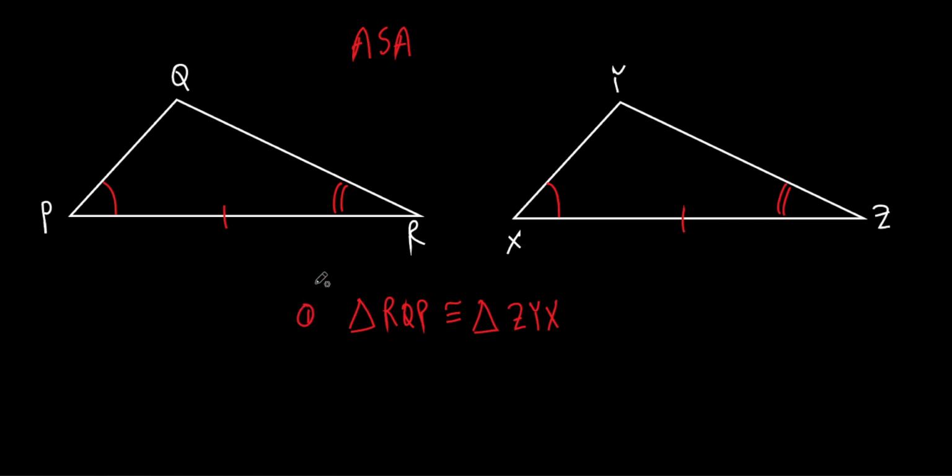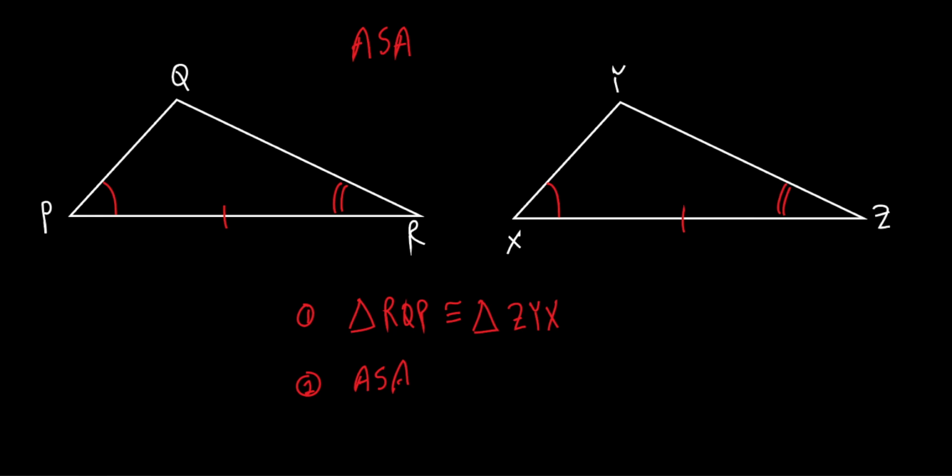On a quiz and a test, I'm going to ask you for the congruent statement, and then I'm going to ask you to justify why. What would your reason be? That's it: angle, side, angle. That's why these two triangles are congruent to each other.